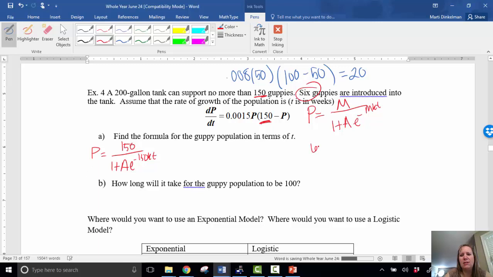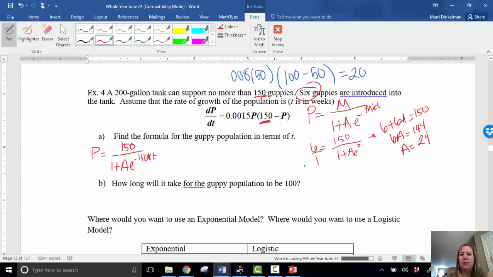So the population is 6 when time is 0, so all of this is going to become 0. And remember, e to the 0 is 1. So from there, I'm just going to do a cross product here. So 6 plus 6a is 150. So 6a is 144. So a is, I believe, 24.